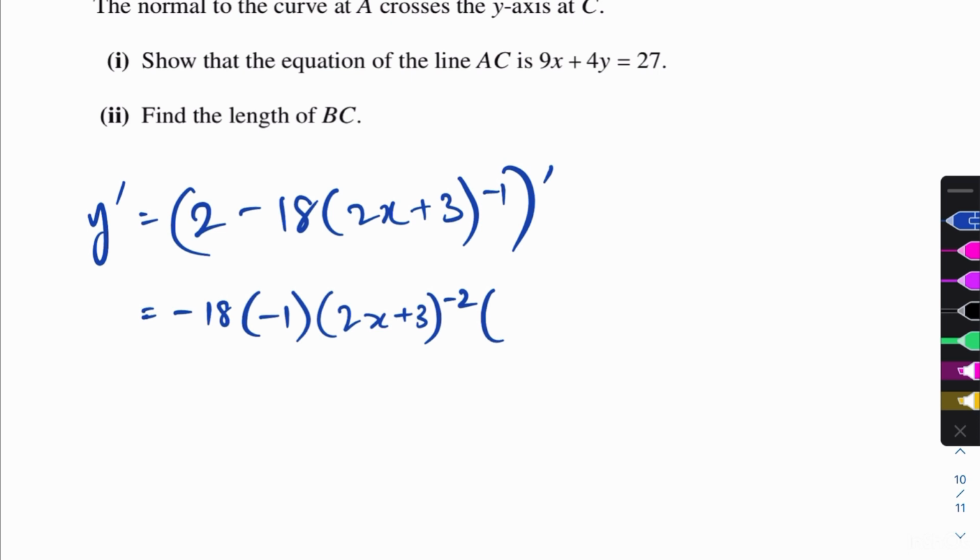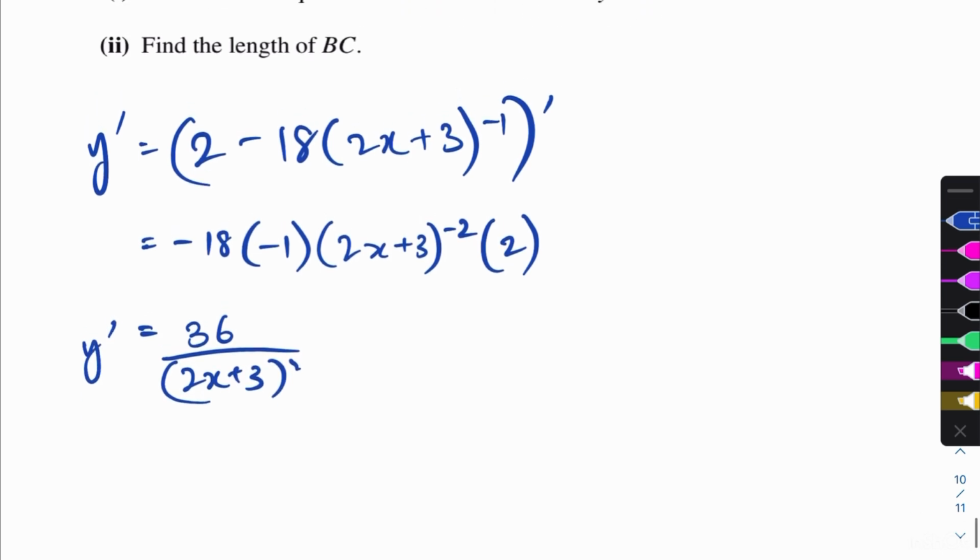And then you have to differentiate the inside of the bracket using chain rule, so that would be 2. So now we have 18, so this is going to be positive because there's 2 negatives, and then times 2 is 36. So we've got 36 over 2x plus 3 squared. So this is our y dash. This is our gradient function.